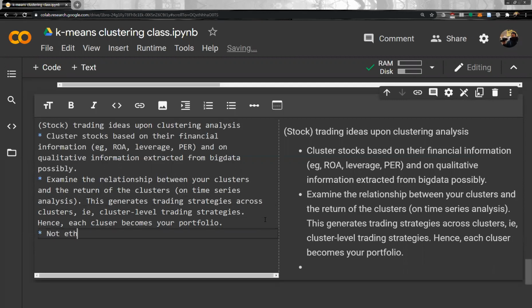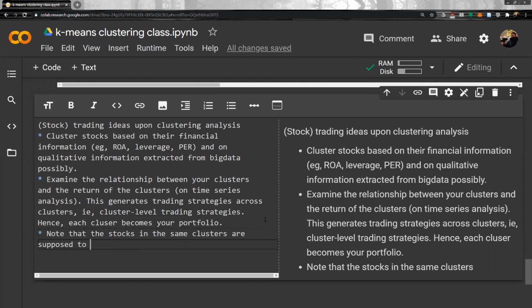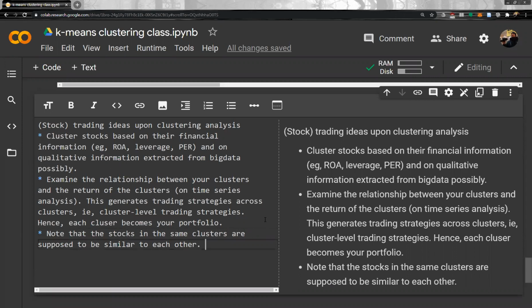Note that if stocks are in the same cluster, they are supposed to be similar to each other, right? They are similar to each other. Therefore, they are in the same cluster.